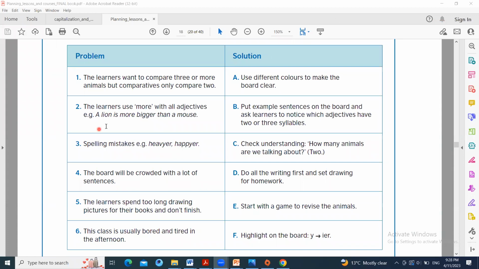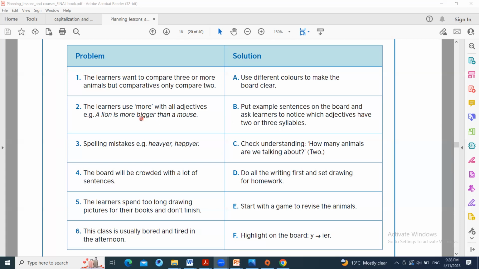So what about the second problem? The learners use more with all adjectives. For example, a lion is more bigger than a mouse. So this is the problem, how to anticipate it. We need some type of solution, okay?